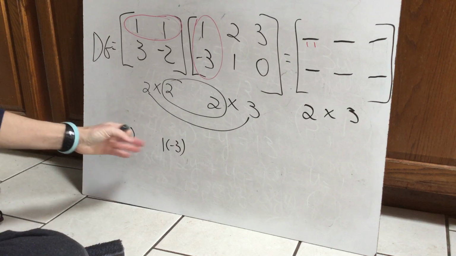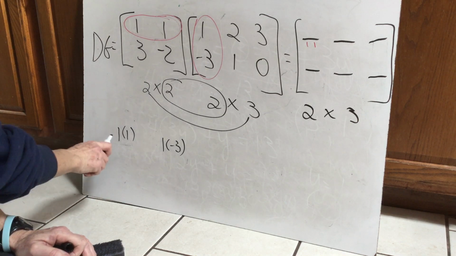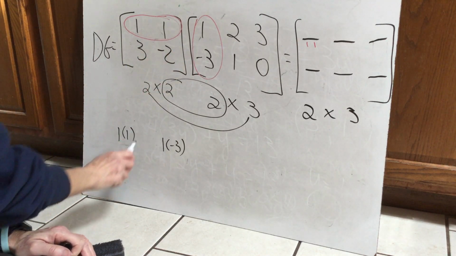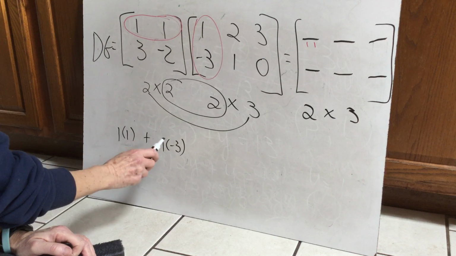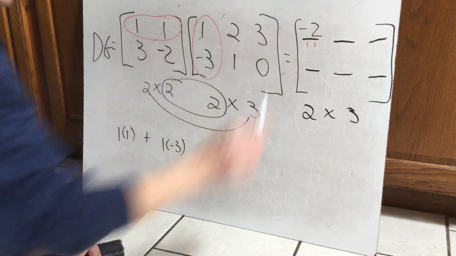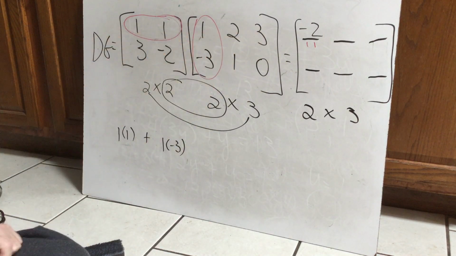Take a moment and see how I did that. It's very organized, very systematic. It isn't hard at all. You do the same process every time. I wrote down 1 and 1, and then 1 and negative 3. Now I multiply and add those. So that's 1 minus 3, which is negative 2.